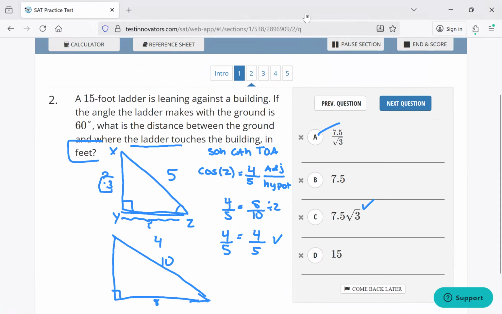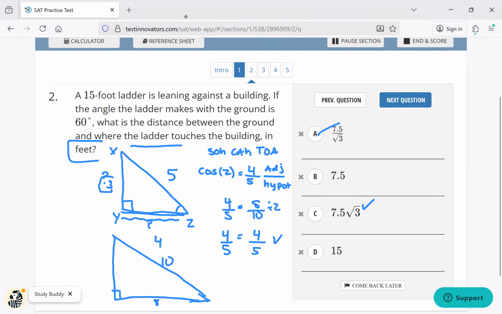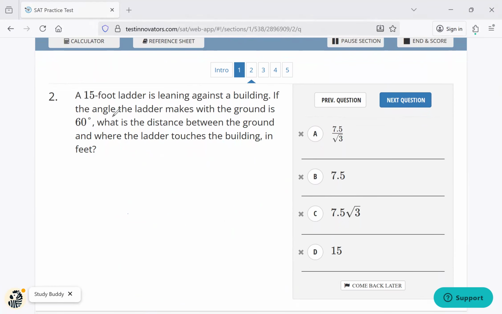Okay, next question. Question 2. Question 2 says a 15-foot ladder is leaning against a building. If the angle the ladder makes with the ground is 60 degrees, what is the distance between the ground and where the ladder touches the building in feet?